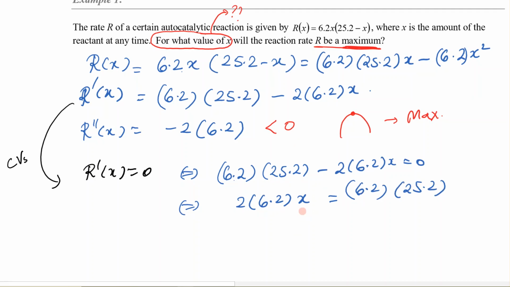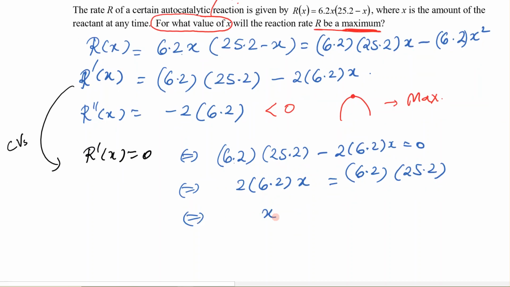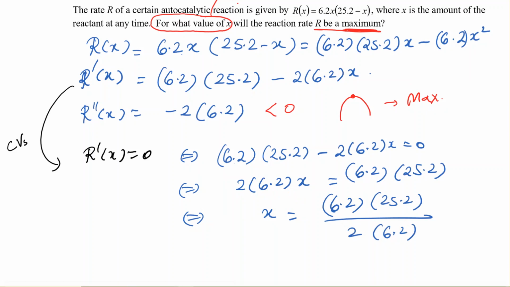So dividing both sides by this quantity, we get, and now you will notice that I was telling you that 6.2 is going to get cancelled in the end. So 25.2 divided by 2 is 12.6. So that is our critical value.